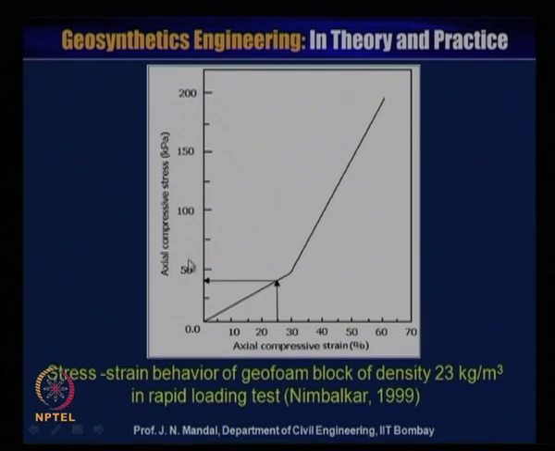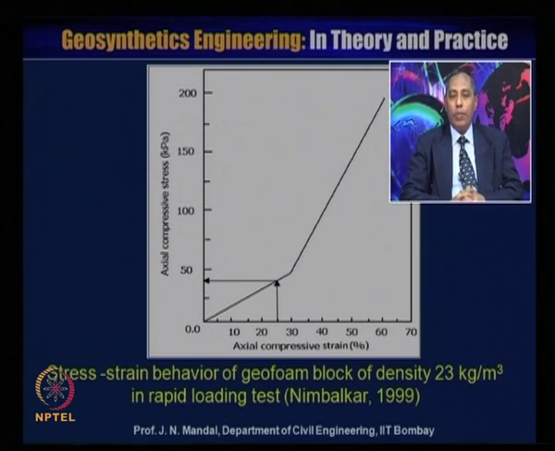So you can obtain from this rapid loading test what should be the strain for that compressive stress. In our problem the compressive stress is 40 kilopascal, so the corresponding strain is 25. So for any other problem also you can calculate what the strain will be corresponding to the compressive stress.